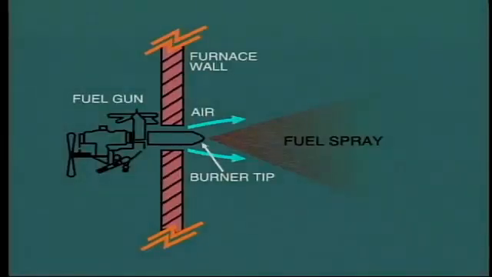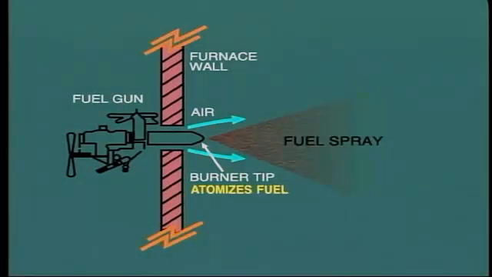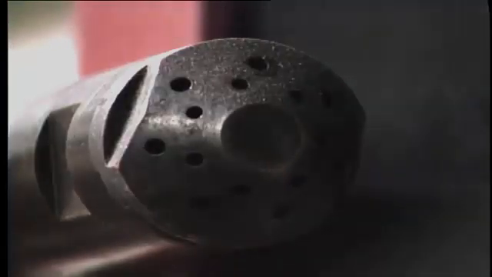The burner tip is designed to break down the fuel into very tiny particles, a process known as atomizing the fuel. The objective is to increase the surface area of fuel available for contact with air and so promote intimate mixing. Atomization is achieved by forcing the oil through a series of very small holes in the burner tip.